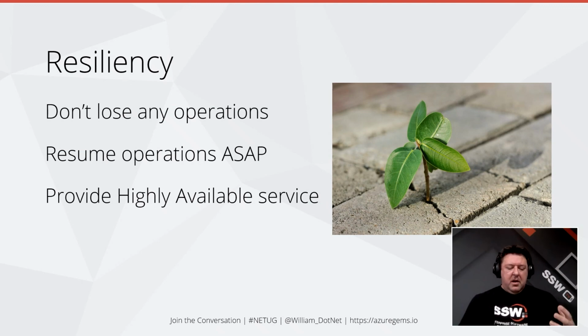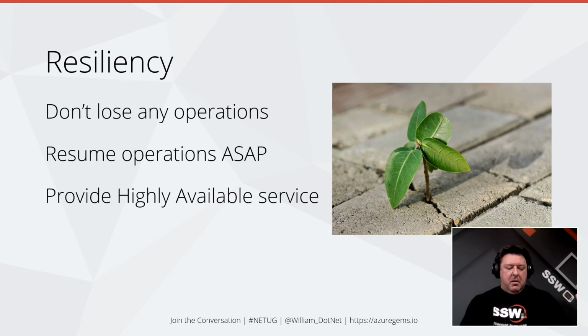Now, when we talk about resiliency, the reason is we don't want to lose any operations. A blog site is one thing, but a commercial application is another thing. For instance, if someone clicks the buy button and that message is just not going through, you're missing out on potential revenue. That's bad. And also the experience of not being able to buy the thing you really, really want right now, you might never go back to that site ever again.